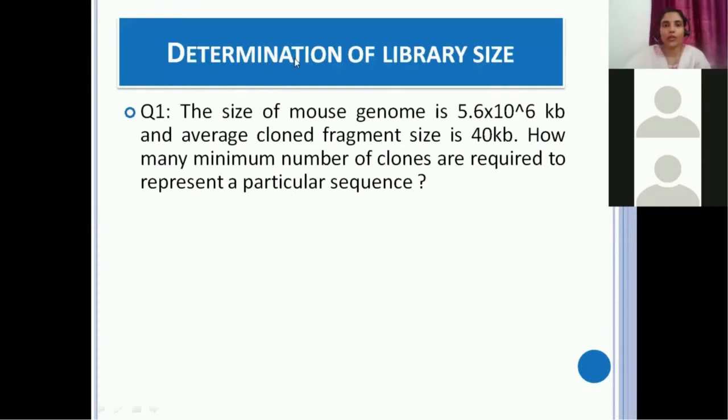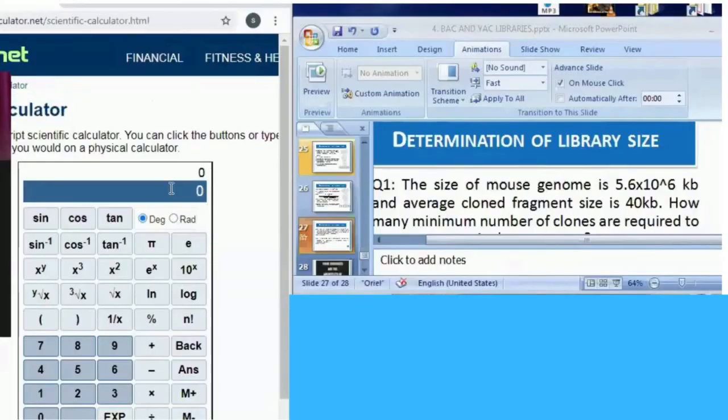What I'm going to do over here is open up a calculator. First time, I'll show you, I'm going to calculate this in front of you. So N, the number of clones that we need to make, is equal to the natural log of 1 minus P. Probability is not mentioned here, so I will take it as 0.99.